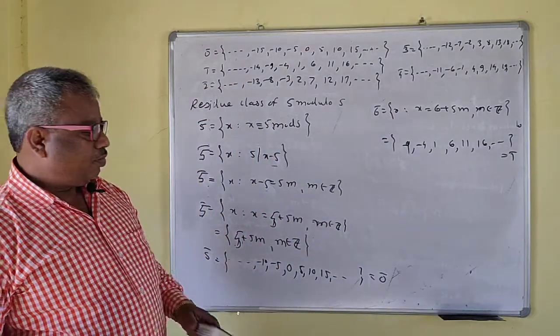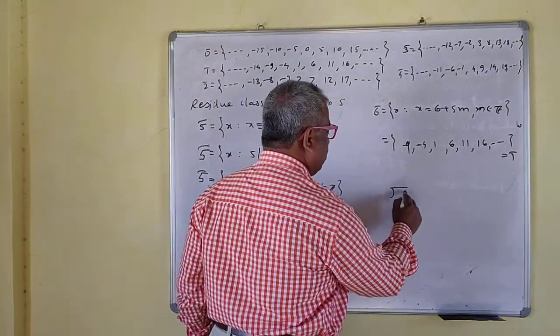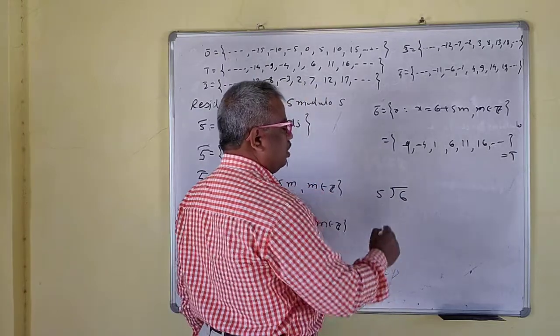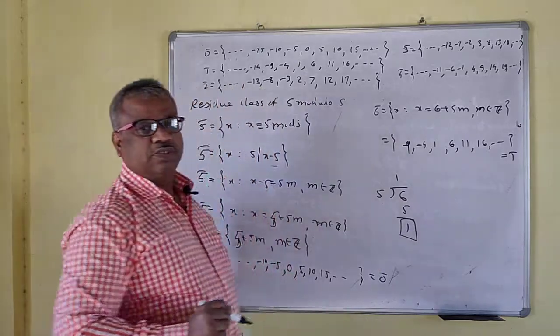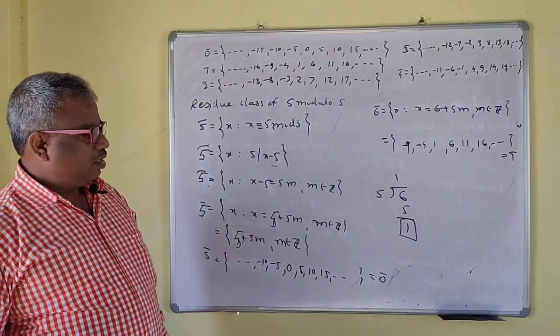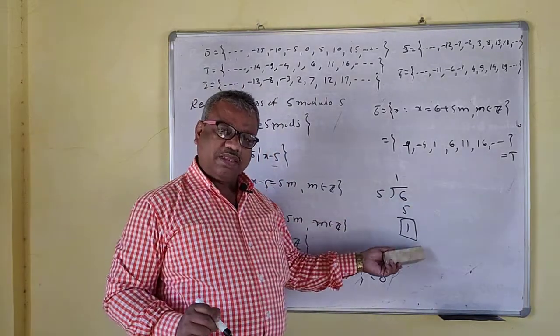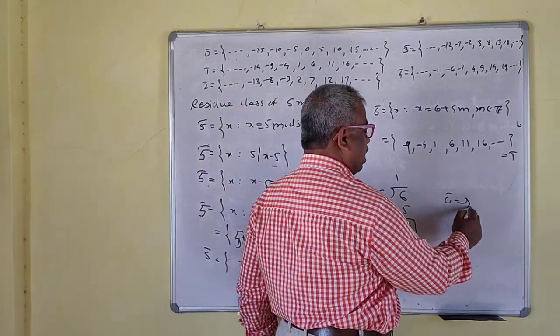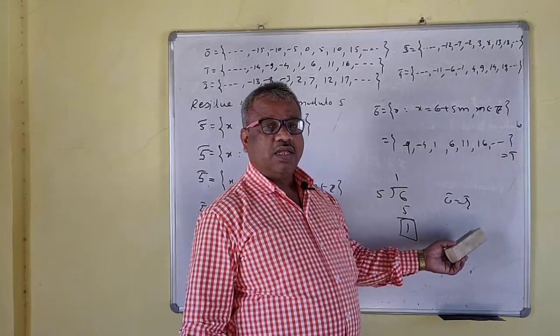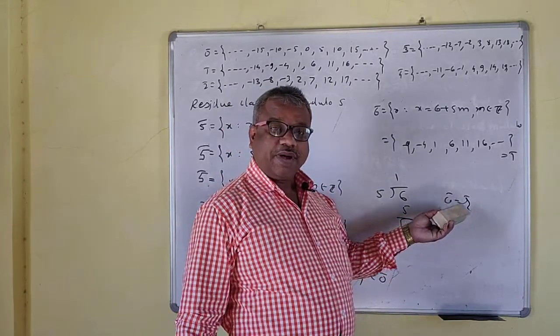That means, if you divide 6 by 5, then this will be 1. This is the remainder 1. So 6 bar is same as 1 bar, because we have seen that a bar is same as r bar. What is r? r is the remainder when a is divided by n.